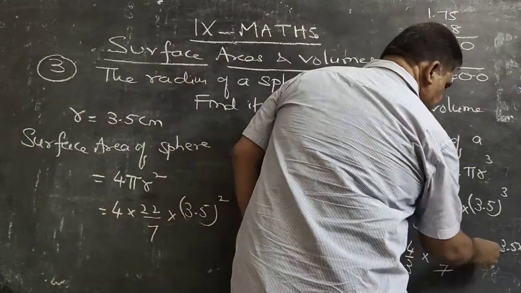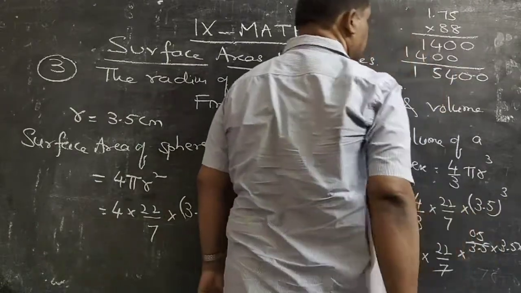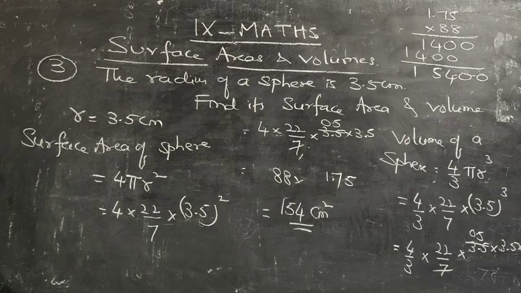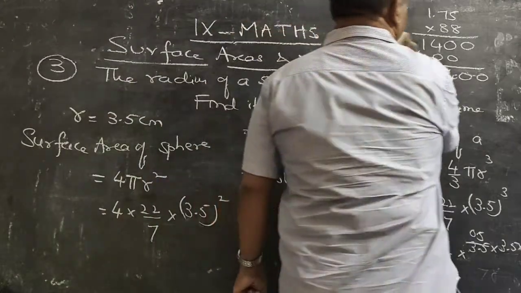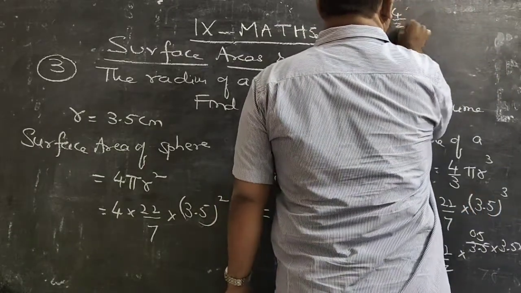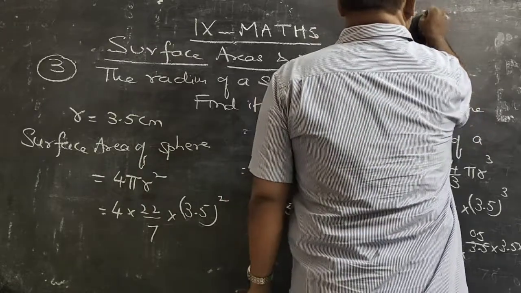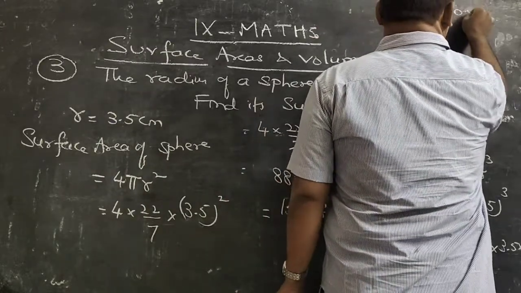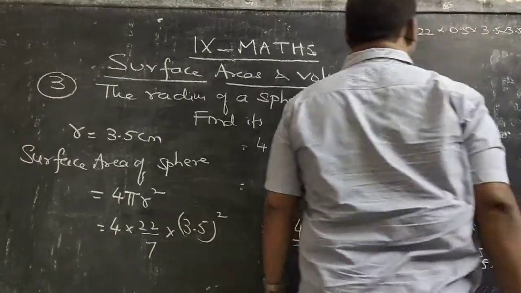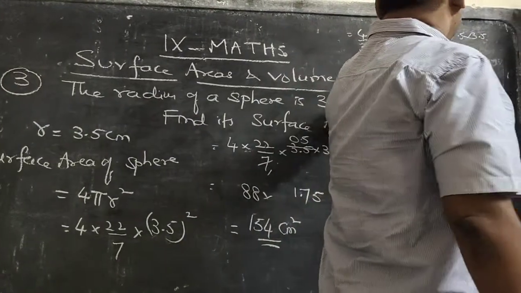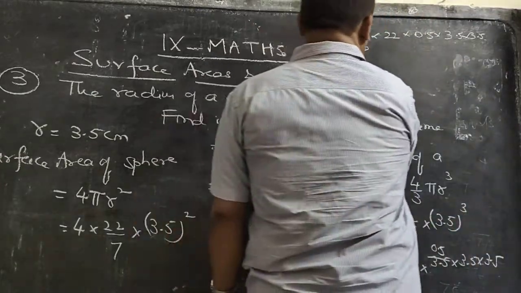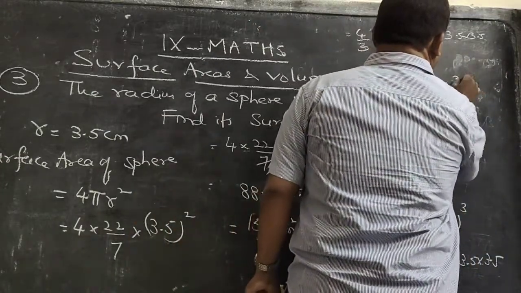So it is 4 by 3 into 22 into 0.5 into 3.5 into 3.5. You multiply the numerator by 3, you keep as is, that is the final answer. So multiply and simplify, you will get the answer, centimeter cube.